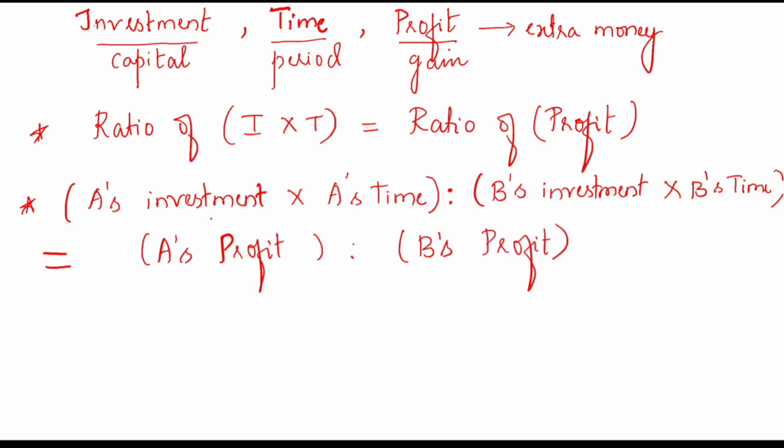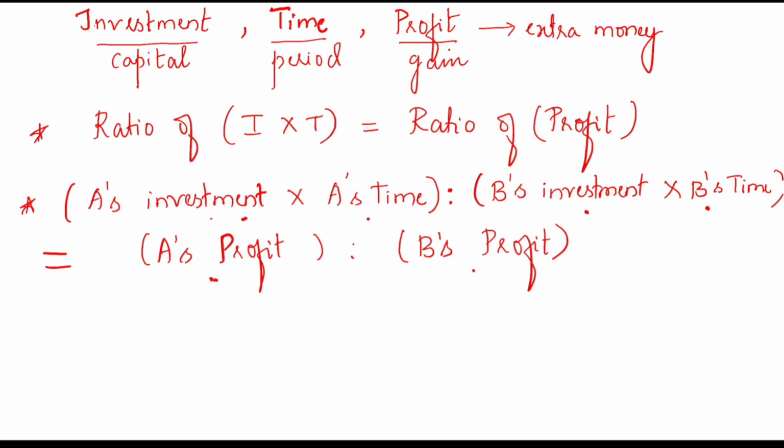The above formula I have written in the form of A and B's investment and time. A's investment into A's time is equal to A's profit, and B's investment into B's time is equal to B's profit.